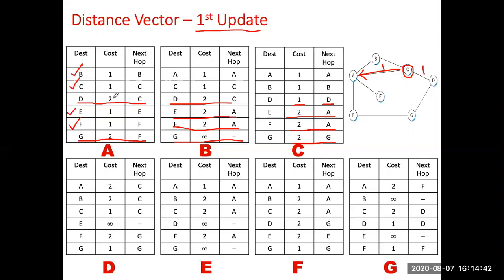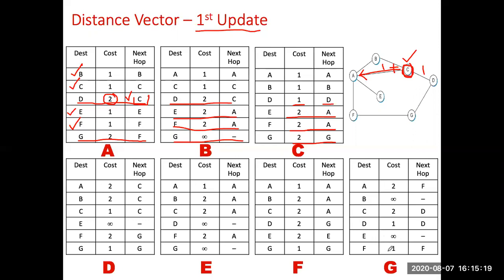So this means now the cost of D is 2, and node A can reach the destination D with the cost of 2 by using the next hop C. That is, the cost is 1 plus 1: the cost to C and the cost calculated by C. Similarly, we can calculate G.